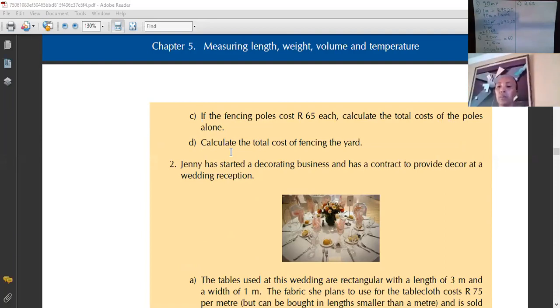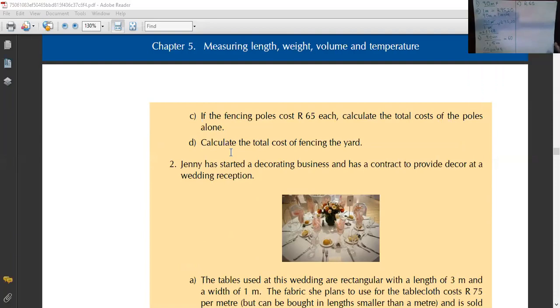Okay, guys, I'm sure you can just do this on your own. But anyway, for those guys who are training us now, I need to show you how to do this. So we have been told that one pole is costing him 65 rand. We need to work out how much is he going to pay for 64.